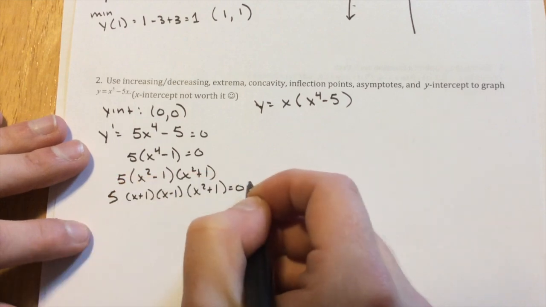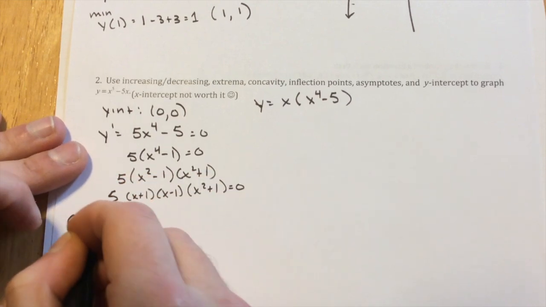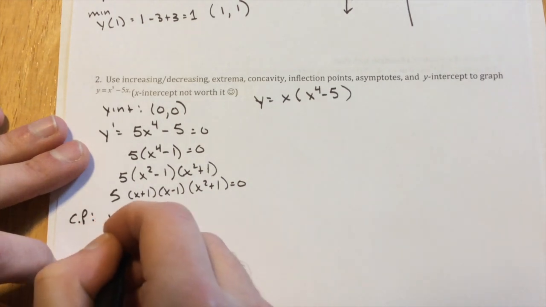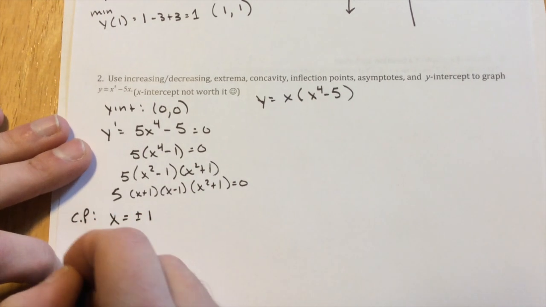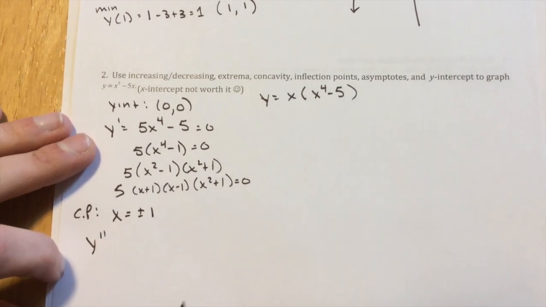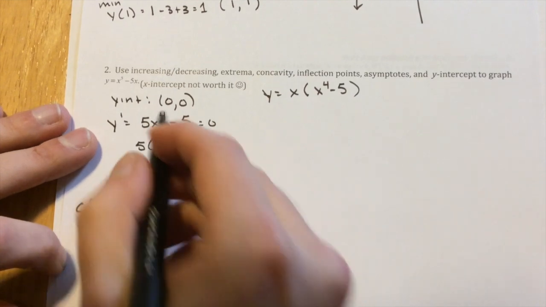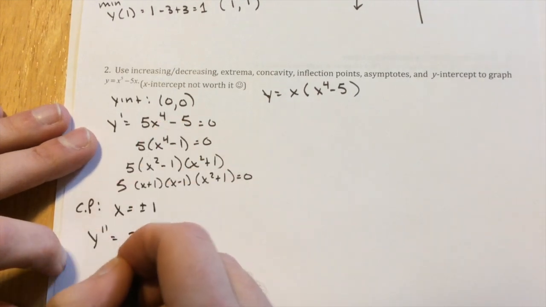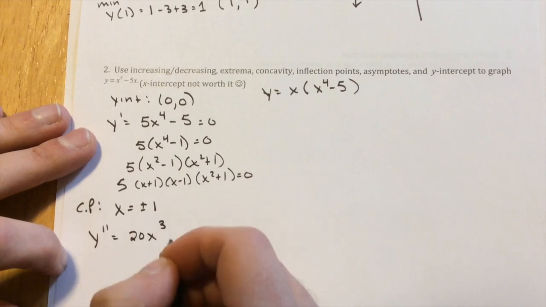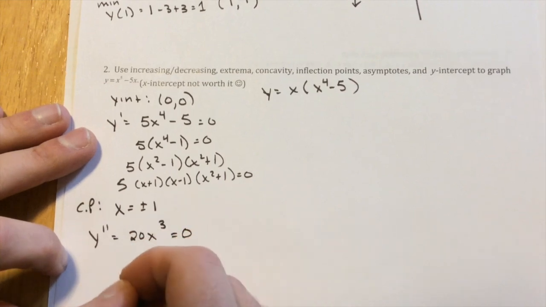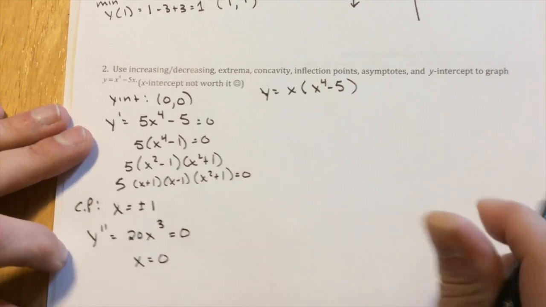There's 5 in front. So my critical points are the real numbers, so I get x equals plus or minus 1. If I want to do my second derivative, bring down the 4, you get 20x cubed. Set that equal to 0, so you get x equals 0.